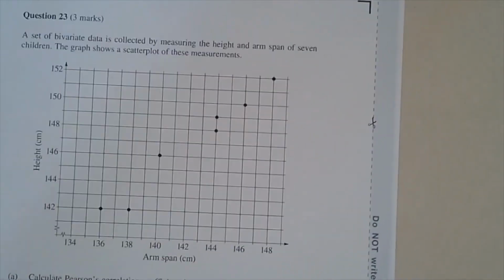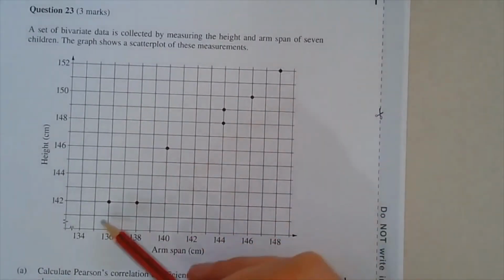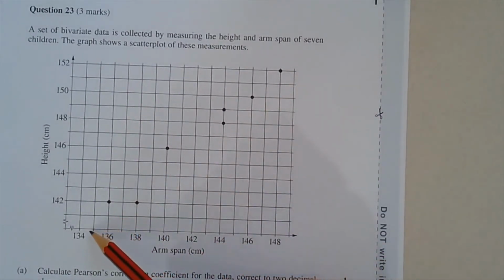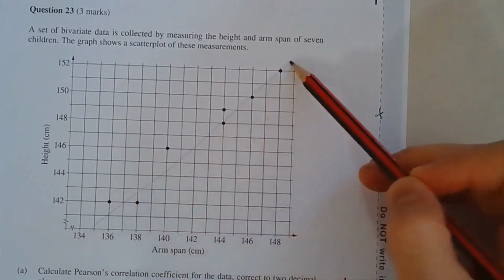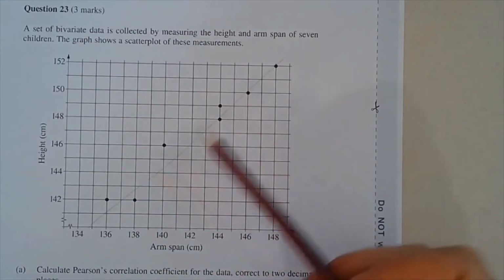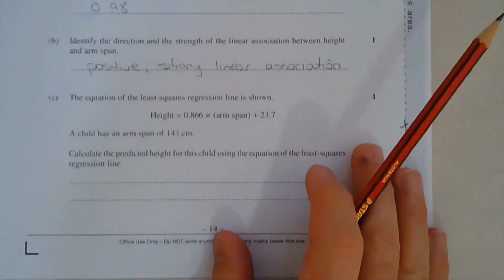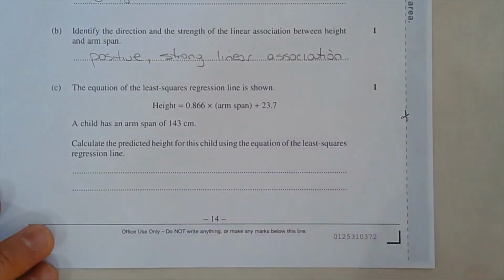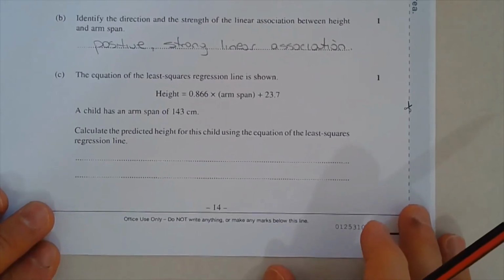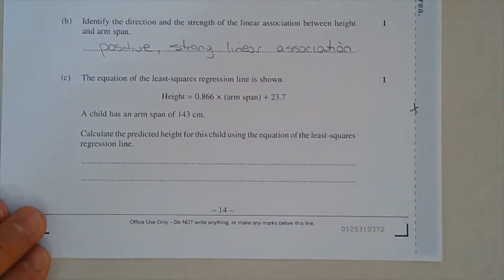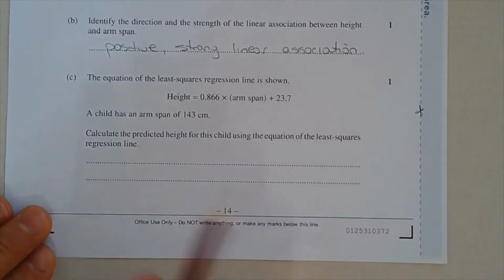And you can see that actually from the dots on the scatter plot, that if you were to draw a line of best fit, the dots align fairly close to the line. So you'd expect it to be positive, and you'd expect it to be strong, wouldn't say probably moderate, but anyways.